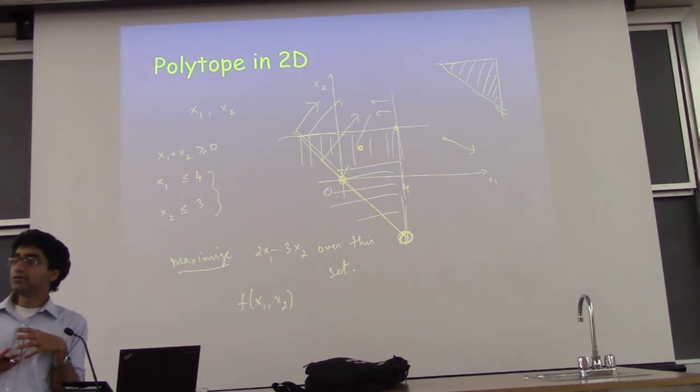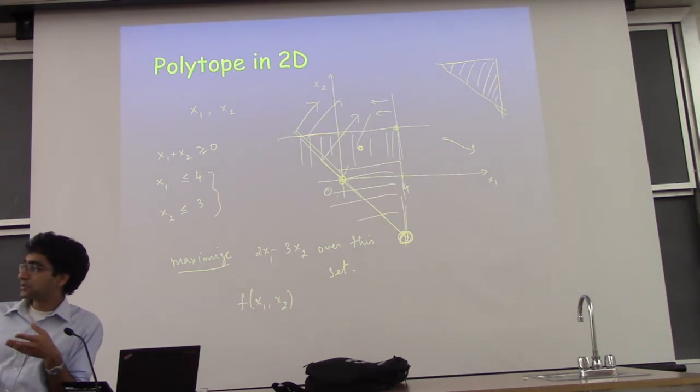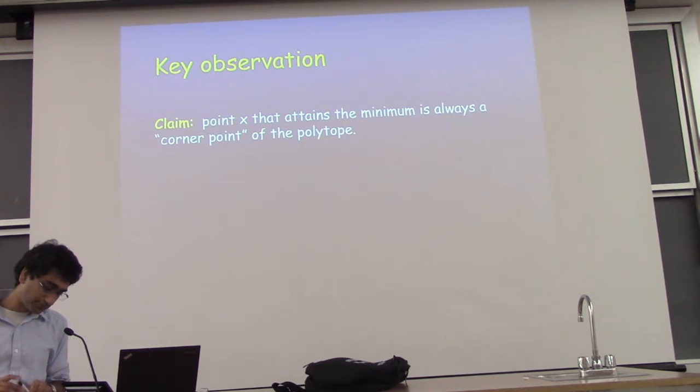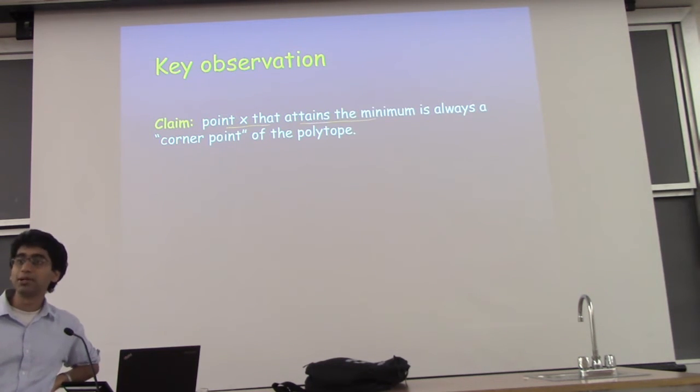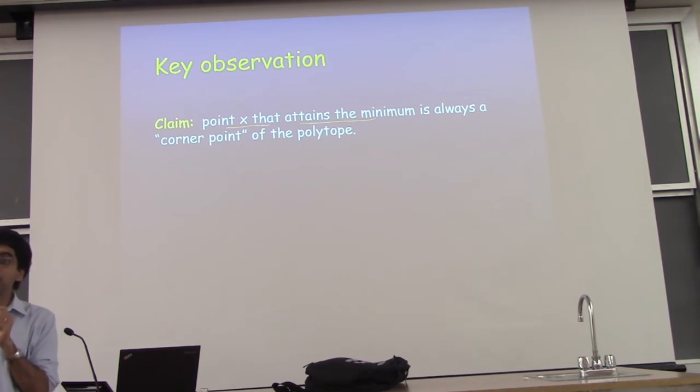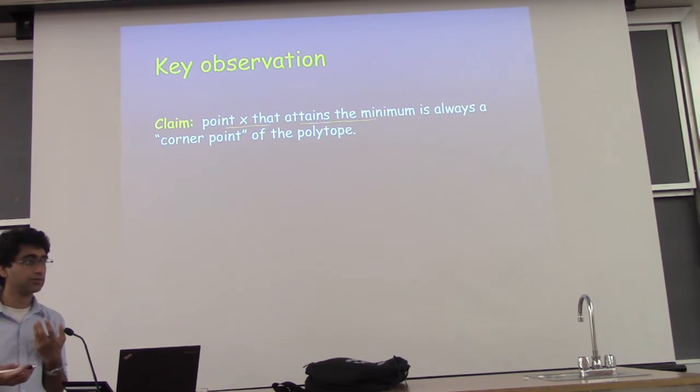Okay. So you can try to work out a few examples, and what you will always find is that if you look at the point that attains the maximum or the minimum of any linear function, it will always be a corner point, it will always be a vertex of this polytope. Okay.